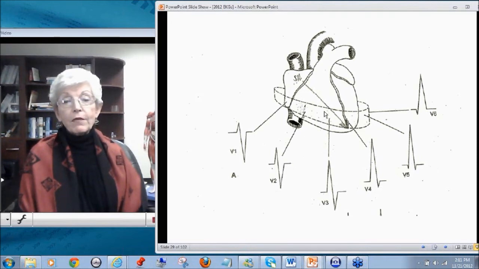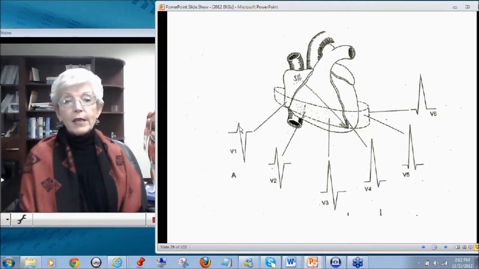In V3, I'm halfway, half and half. So I get even more positive and then negative, and I literally get a biphasic waveform. V4, which is my apex, 5 and 6 are all very positive. So we start with negative, negative, biphasic, positive.